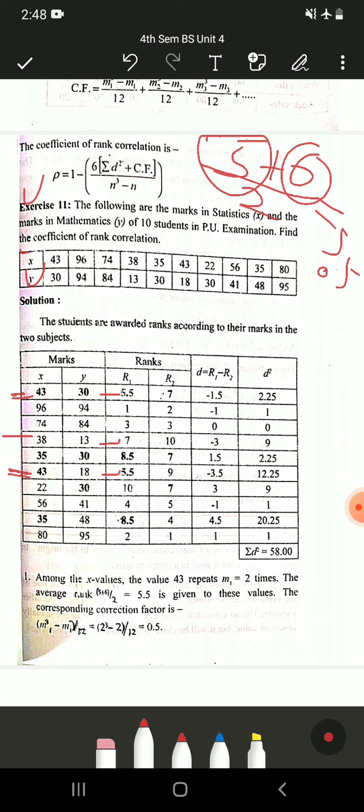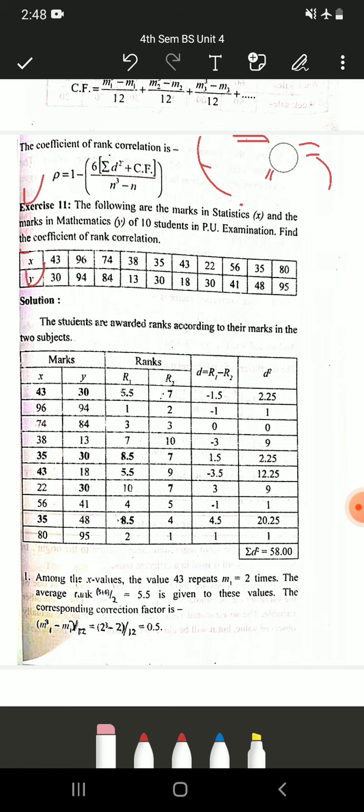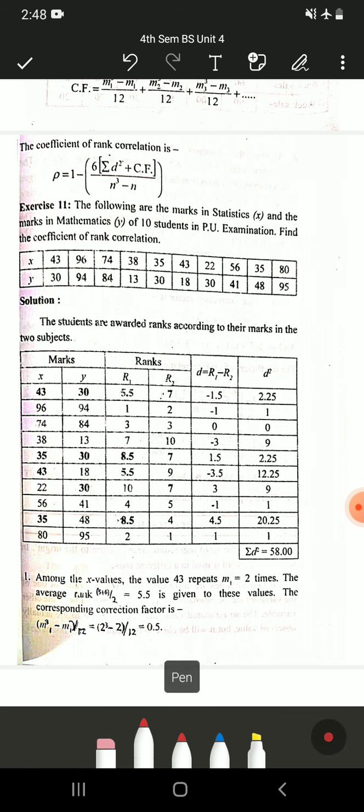The next lowest number is 35, which is repeated twice. So it is for the 8th and 9th rank. Therefore you have to take the average of 8 and 9, which is 8 plus 9 divided by 2, which is 17 divided by 2, which is 8.5.